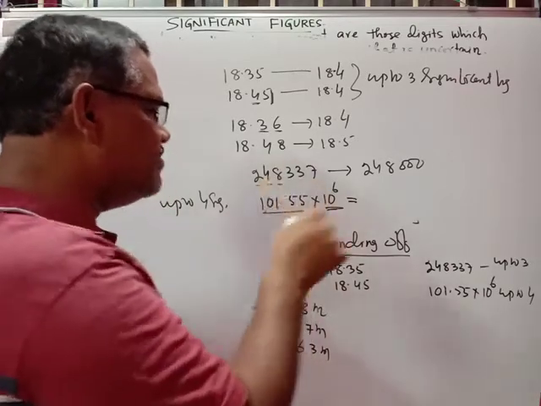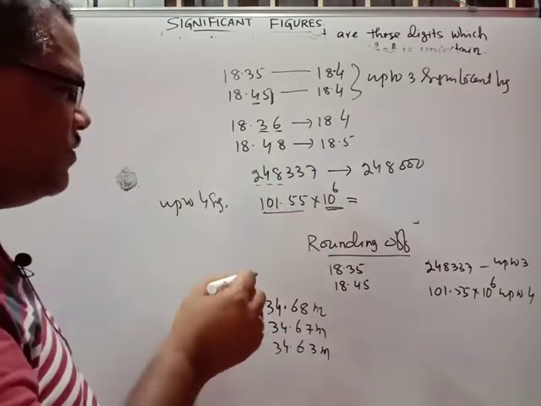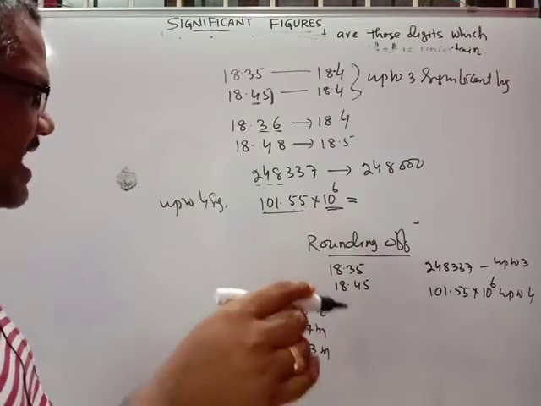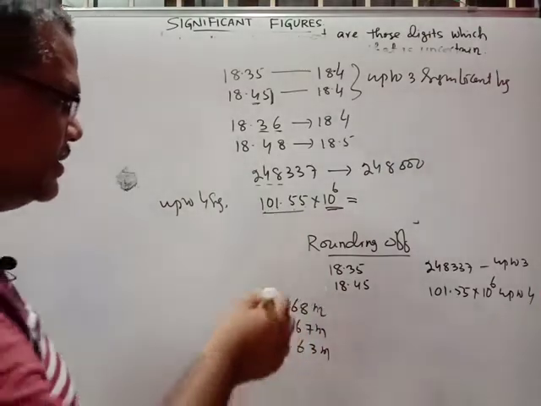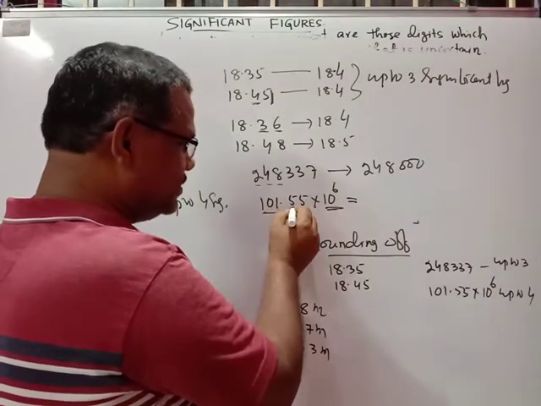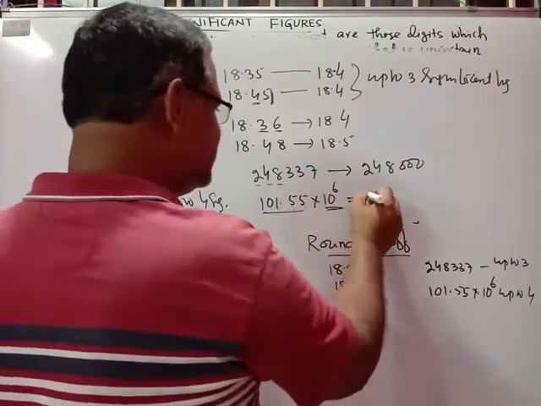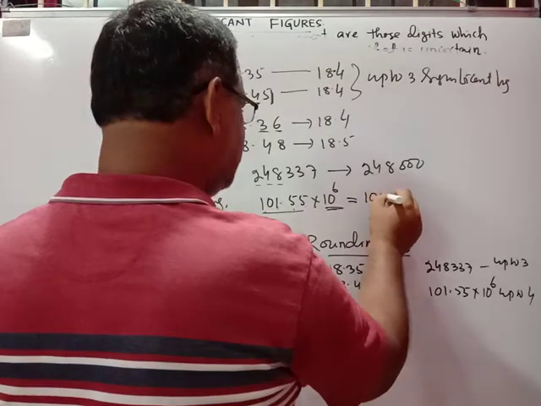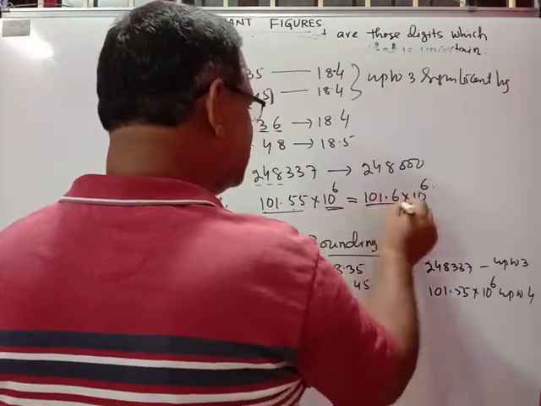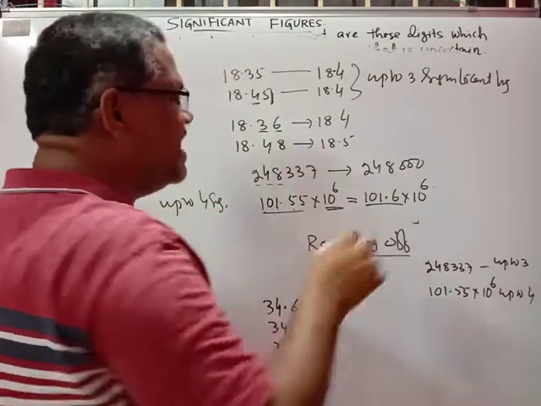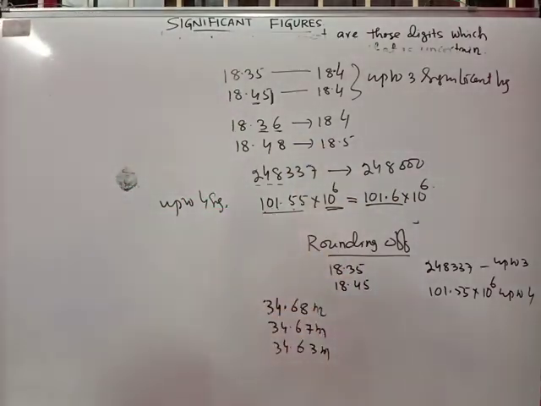Whenever you touch the 5, you have to look back to see whether the previous digit is even or odd. It is odd here, so automatically 1 will be added. So it is 101.6 times 10 to the power 6, because everywhere we are just maintaining the number of significant figures.